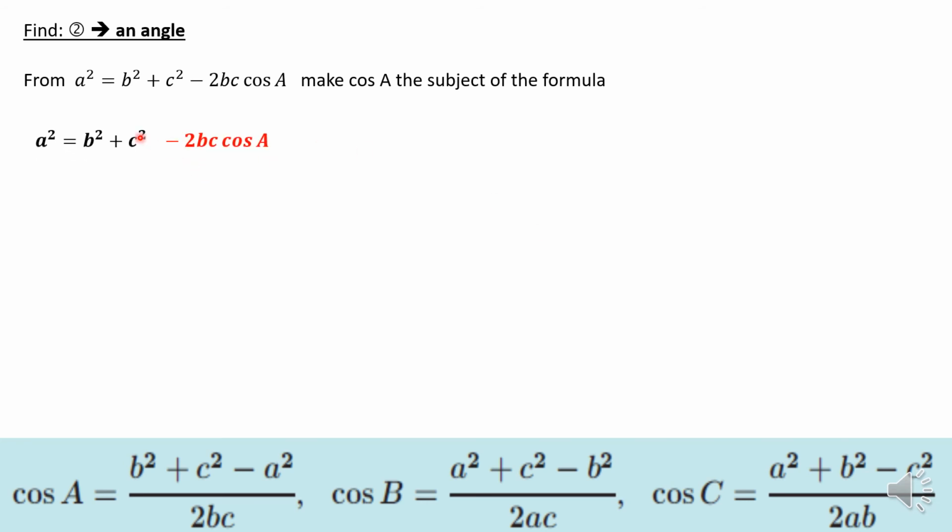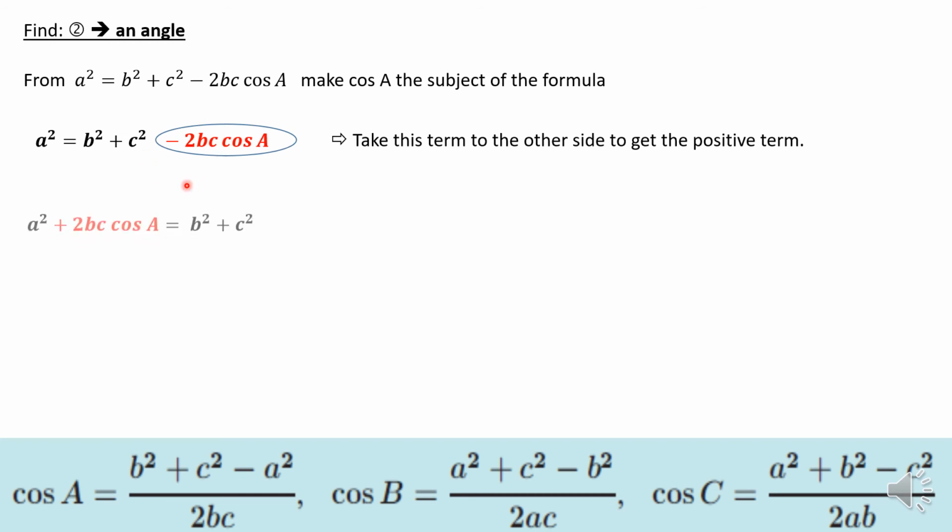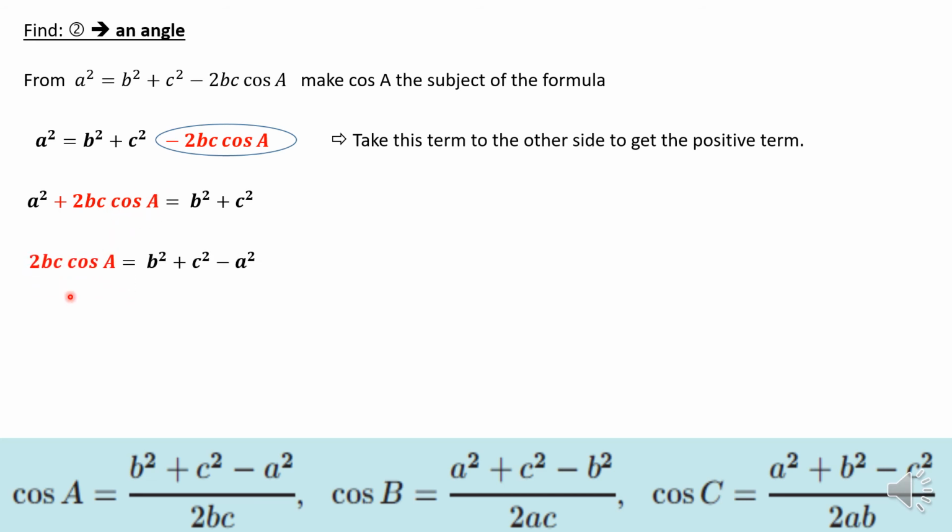Right, so when I make cos A the subject of the formula, the first thing is I'm going to move this term, the minus 2bc cos A, to the other side so it can be positive. It's very easy and better for me to do that. The objective is to make cos A the subject of the formula. The next thing is I'm going to take away the a squared here, subtracting a squared from both sides, moving it from the left to the right as I did there.